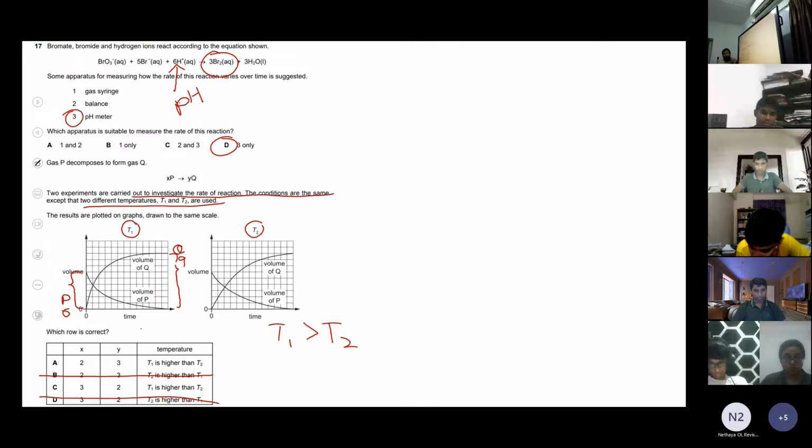Reactant 6, products 9. What's the ratio? 6 to 9 is 2:3.